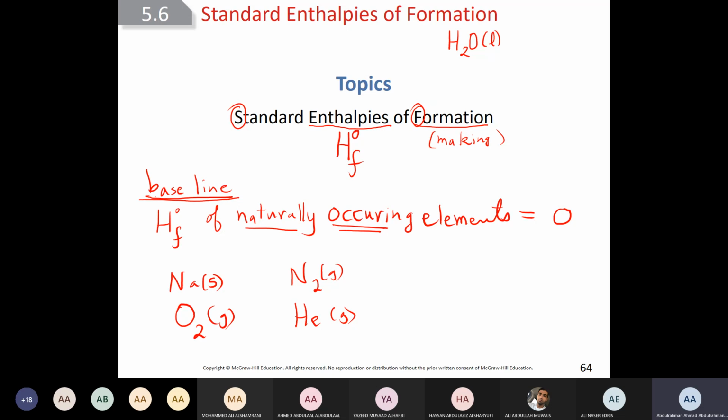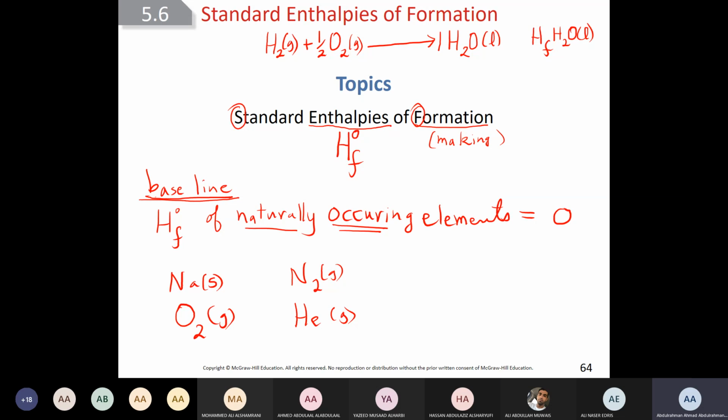What they did, they calculated the heat to make 1 mole from naturally occurring elements, like H2 gas plus half O2 gas. They calculated the heat for this reaction, and this heat is the heat of formation of H2O liquid.